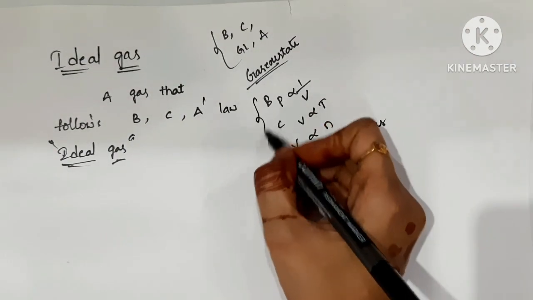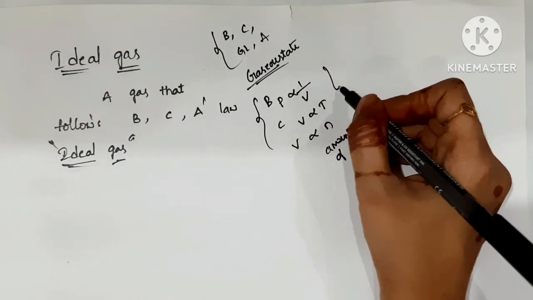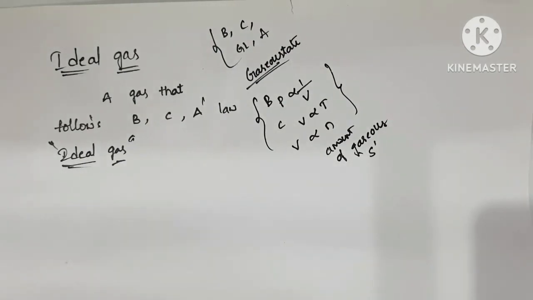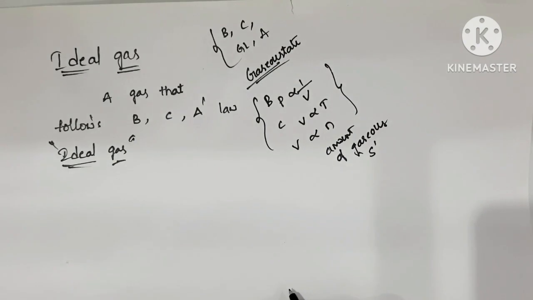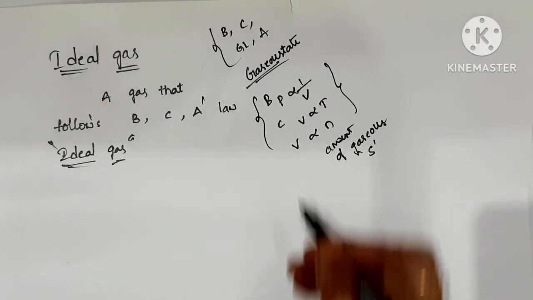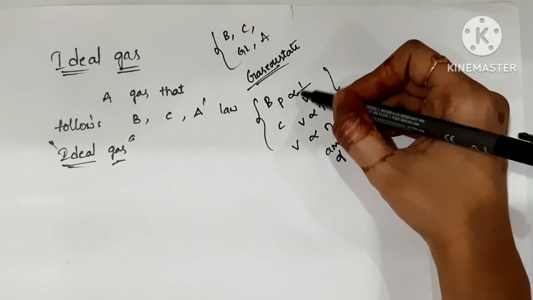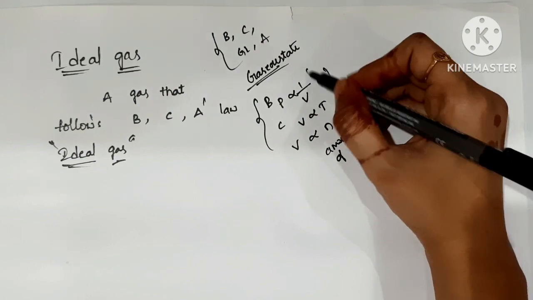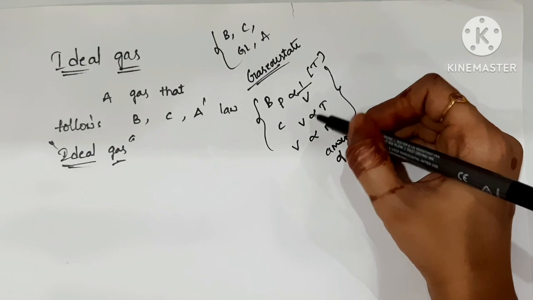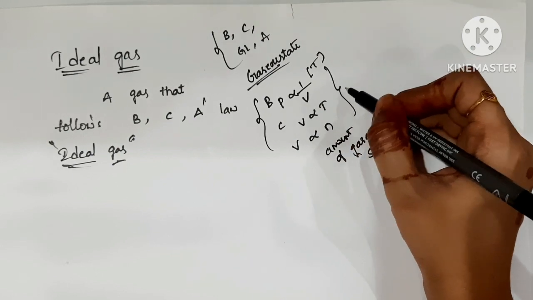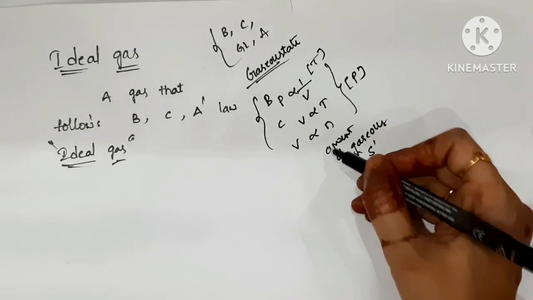So a gas that obeys all these three laws is called an ideal gas. In Boyle's law, pressure is inversely proportional to the volume, at constant temperature. In Charles' law, volume is directly proportional to the temperature, and pressure is constant here.